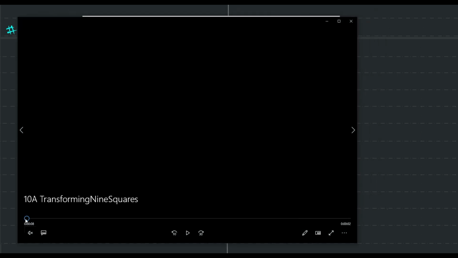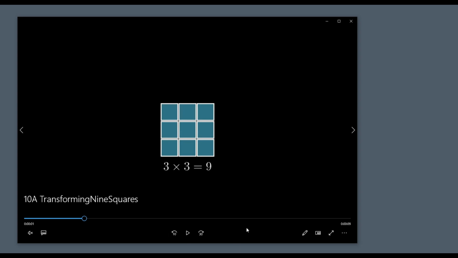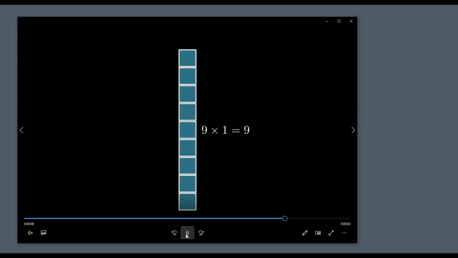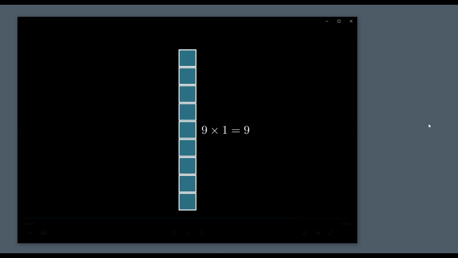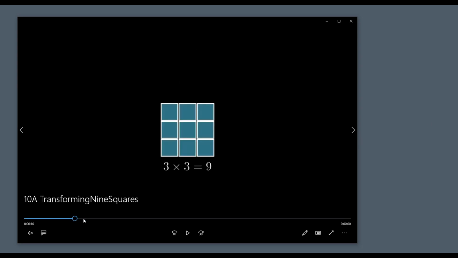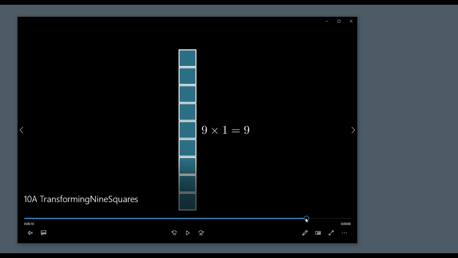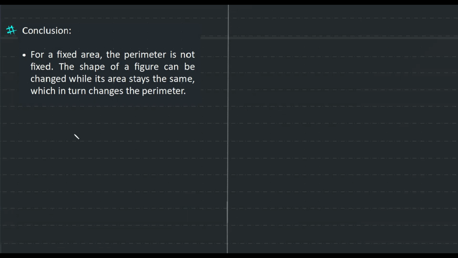And to put it across one last time, we started off with 9 squares, and we can rearrange in this manner, or at most this possibility is also there, and nothing else. In all of these three cases, the area did remain the same, but the perimeter can change.